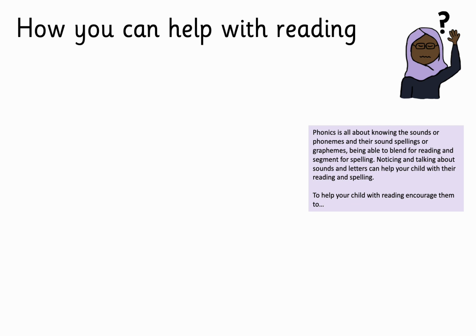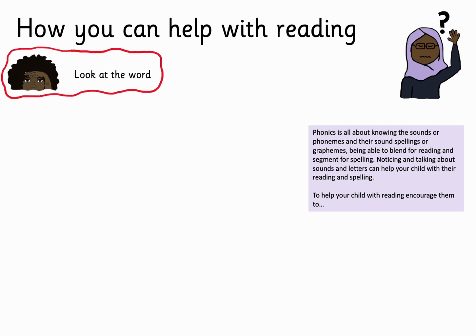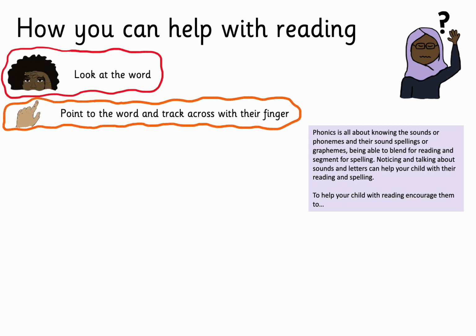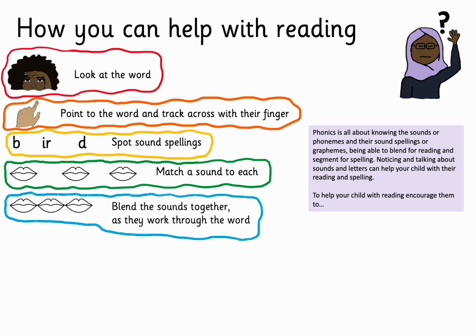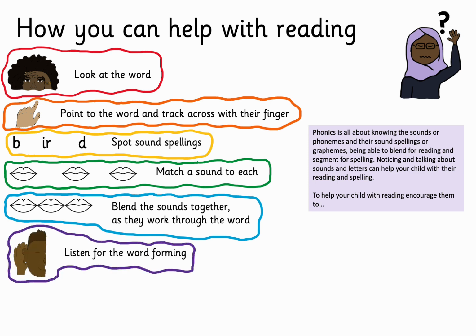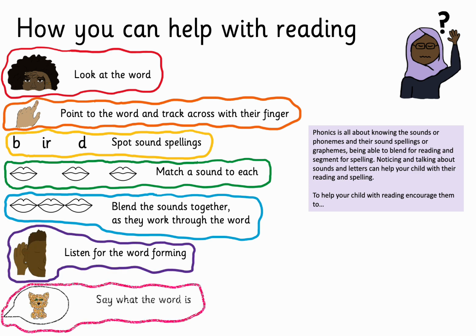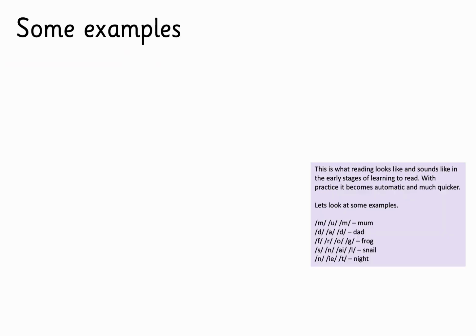To help your child with reading, encourage them to look at the word, point to the word and track across with their finger, spot sound spellings, match a sound to each, blend the sounds together as they work through the word, listen for the word forming, and say what the word is. This is what reading looks like and sounds like in the early stages of learning to read. With practice, it becomes automatic and much quicker.